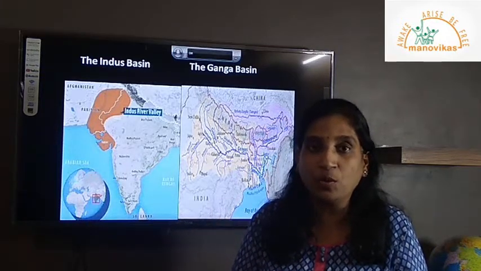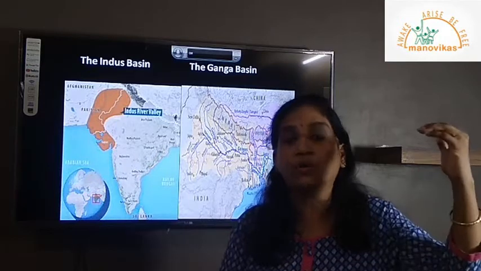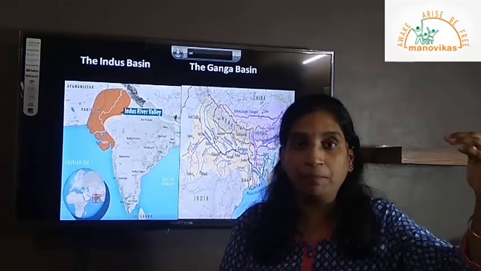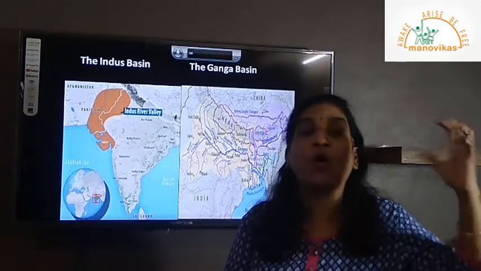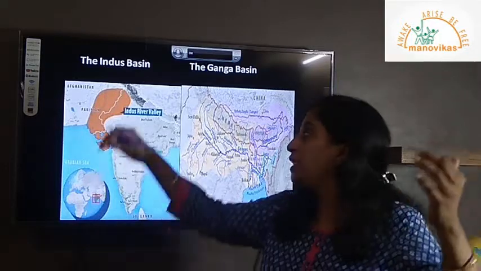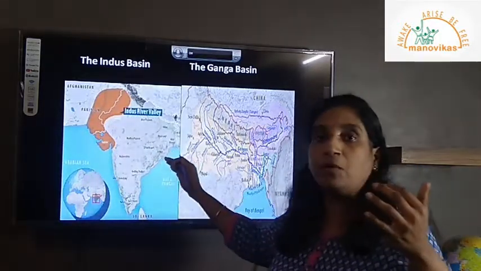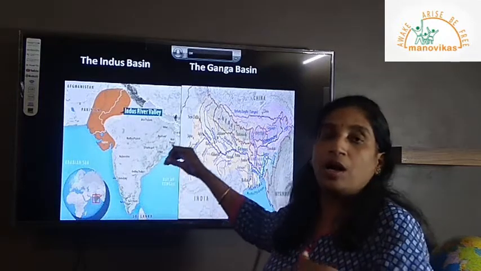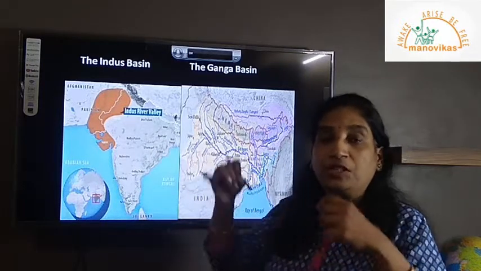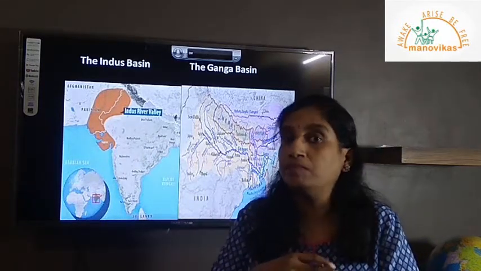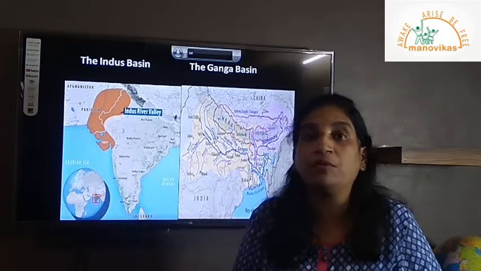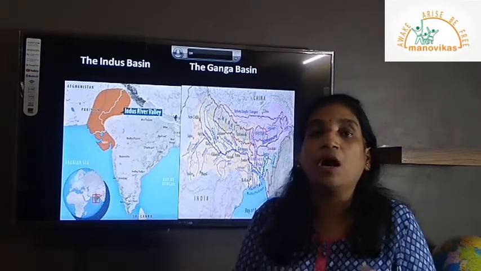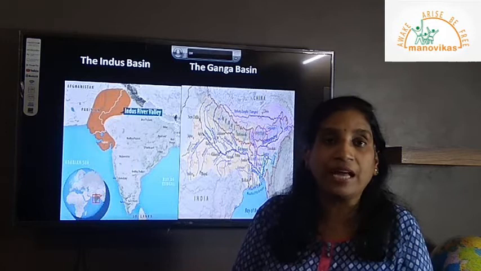Now, as we all know, the journey of a river originates in the high landform region, or in the mountainous region. These rivers come down from the mountains, they move along the northern plains, depositing all the silt, making the landforms along the bank of the river, and that entire river basin becomes very fertile.